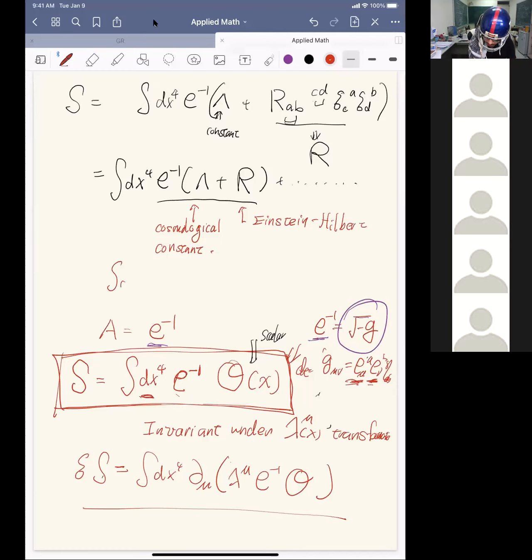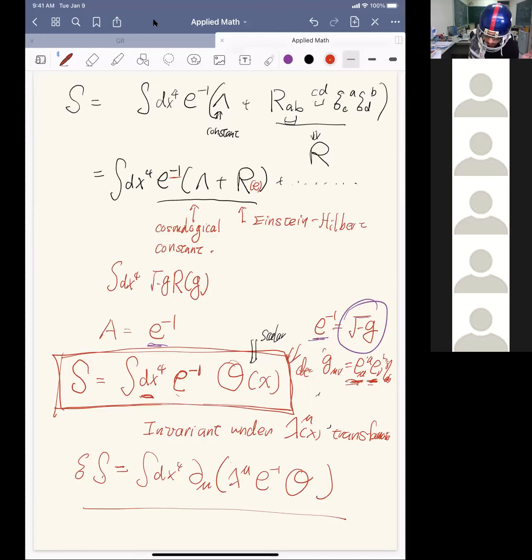What you're used to is dx^4 square root of minus g R, where this R is a function of g. Now instead you have e^-1 and this R is a function of e. But as I said, for many different reasons, this is actually a more natural way to write things.